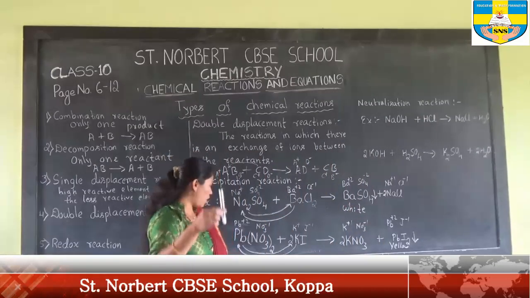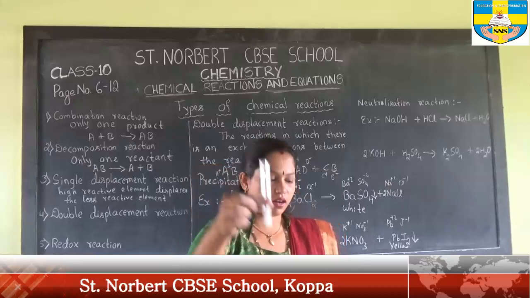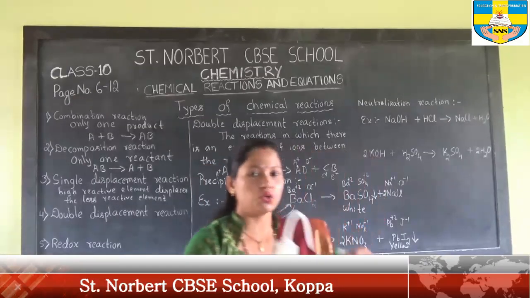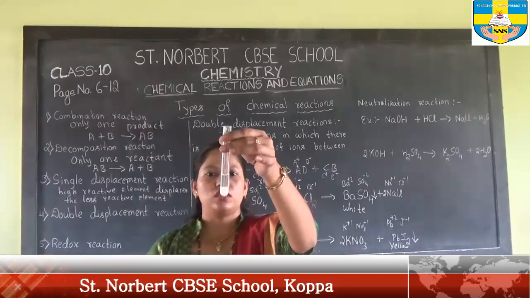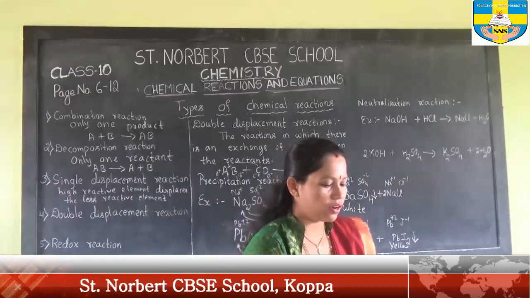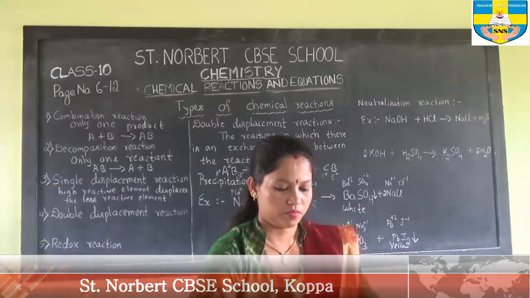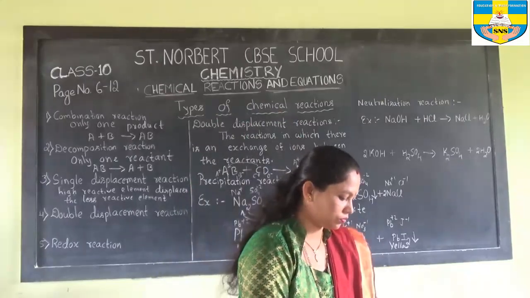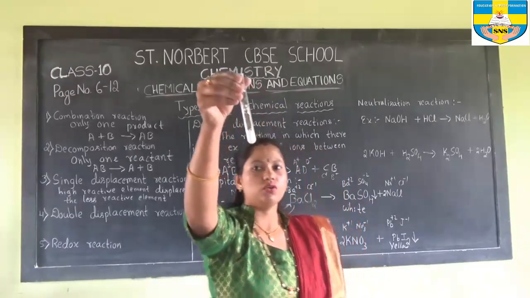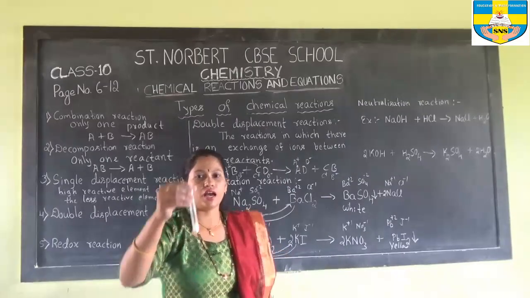So this is a salt, lead nitrate. We will make the solution of the lead nitrate. So this is a lead nitrate solution. Now this is potassium iodide, KI.